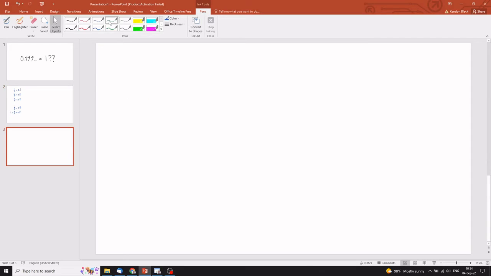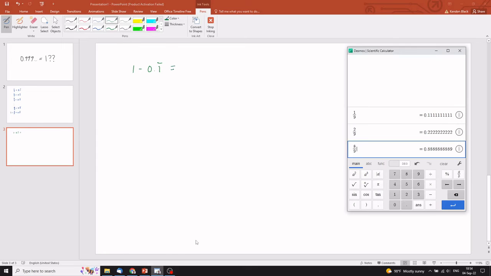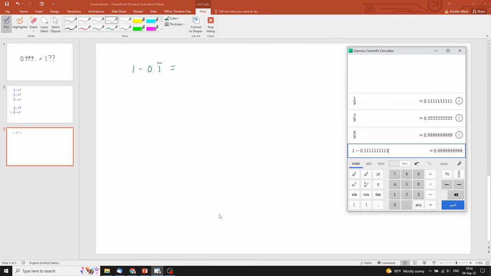Let's look at one more method, which is very much related to the first method, but we're going to subtract these from 1. So starting with 0.1 repeat forever. 1 minus 0.1 repeat forever. What would that be? 1 minus 0.1111111, and we get 0.8 repeat forever.